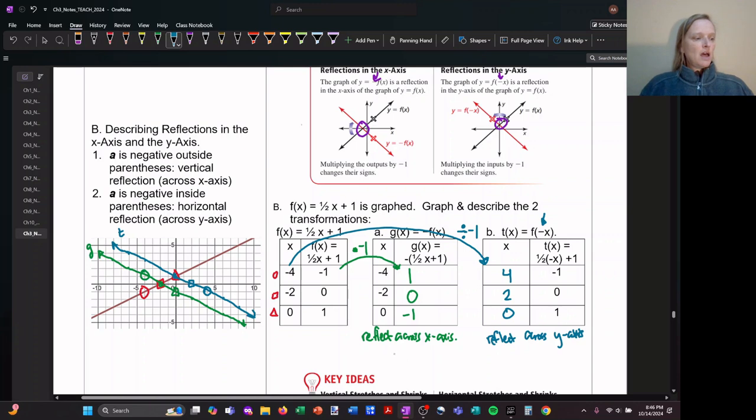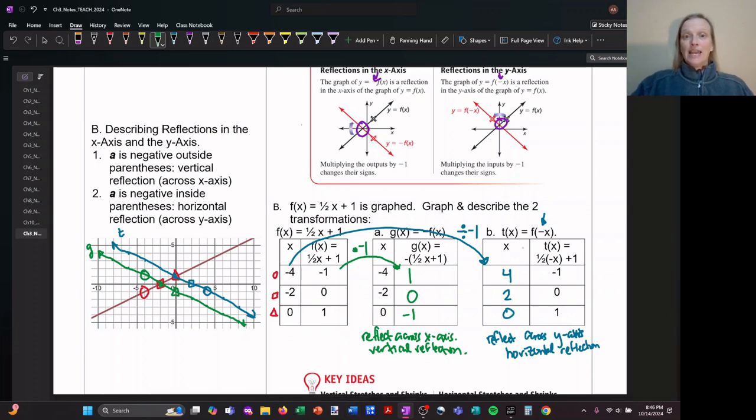Okay. So this one is a horizontal change. And the first one was a vertical change.